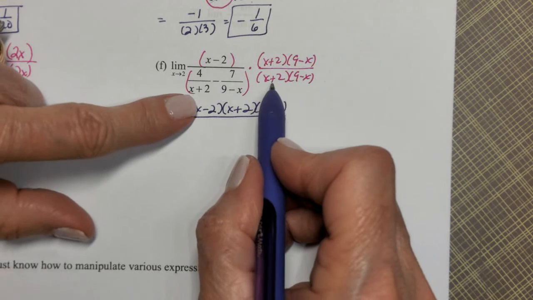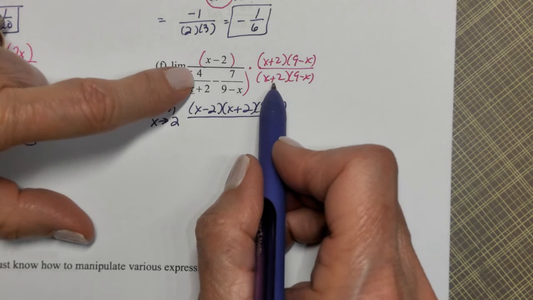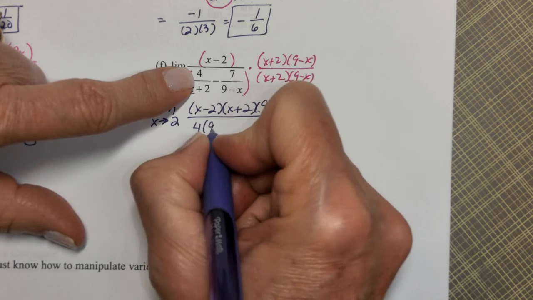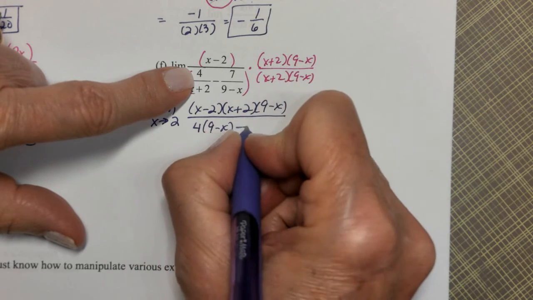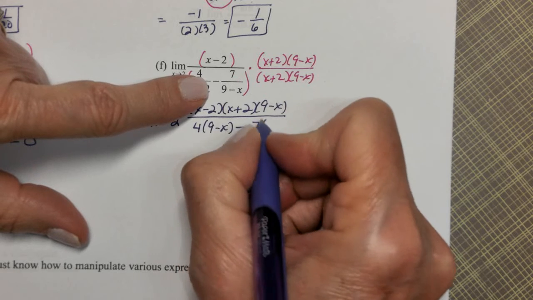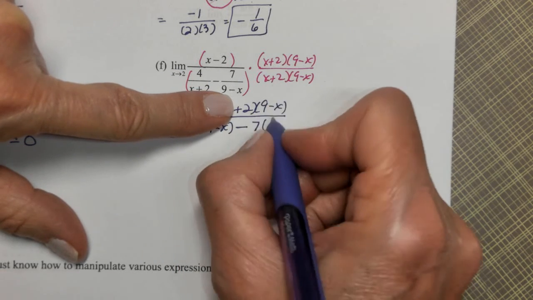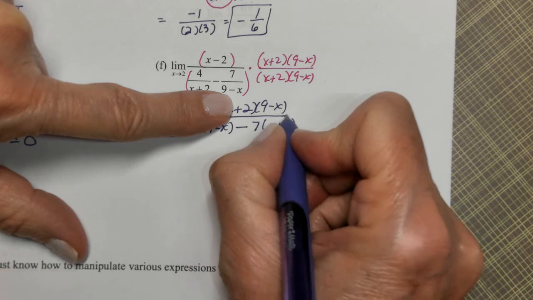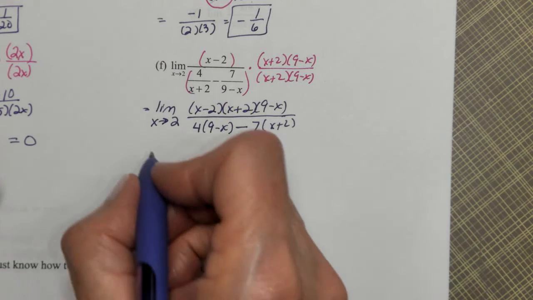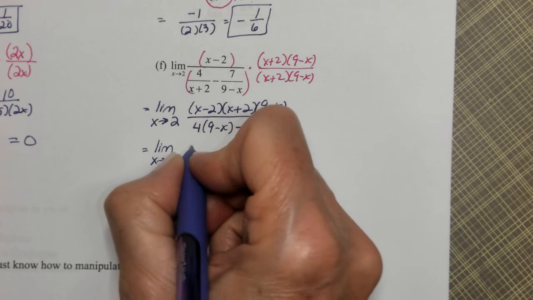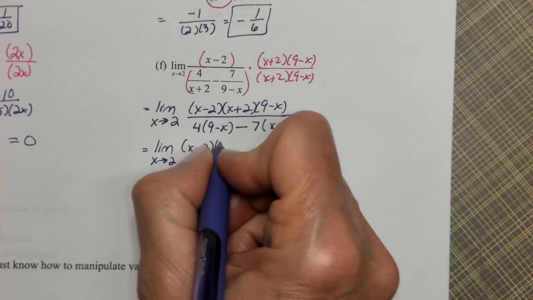Okay, on the bottom, the x plus 2's cancel. I'm left with 4 times 9 minus x. Minus 7 times, okay, the 9 minus x's cancel. I'm left with 7 times that x plus 2. Time to simplify that denominator. I'm leaving the numerator alone.